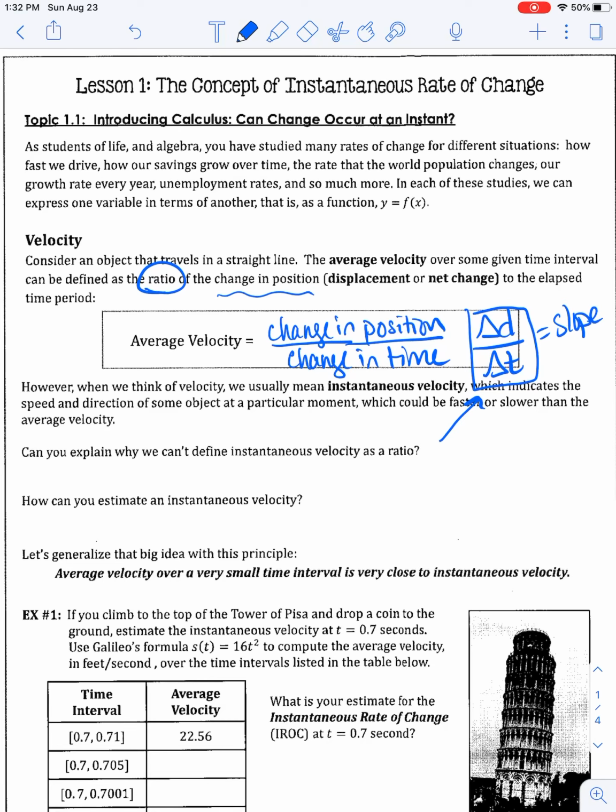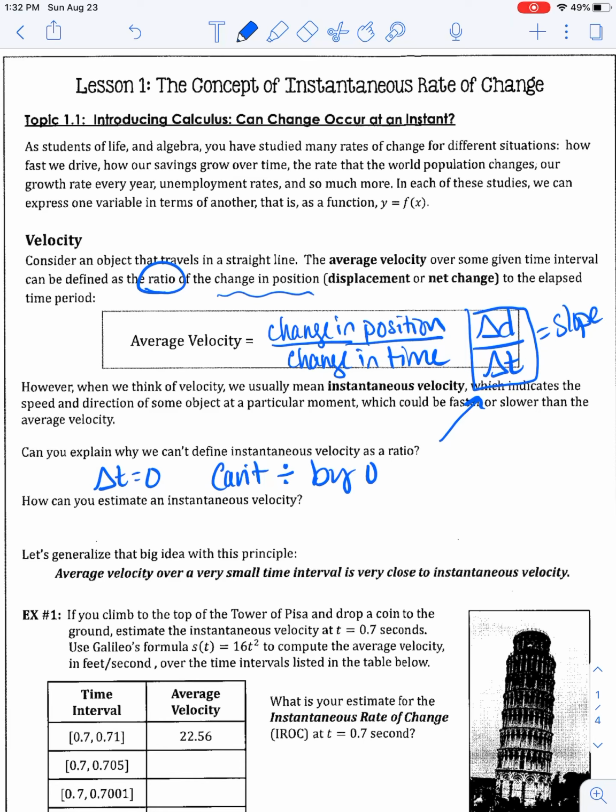The problem is that your delta T would be 0 because it's at a split second. It's not over the course of time. Even if that time is microscopically small, it's still at one specific instant. So your delta T is 0, and you know that we can't divide by 0.